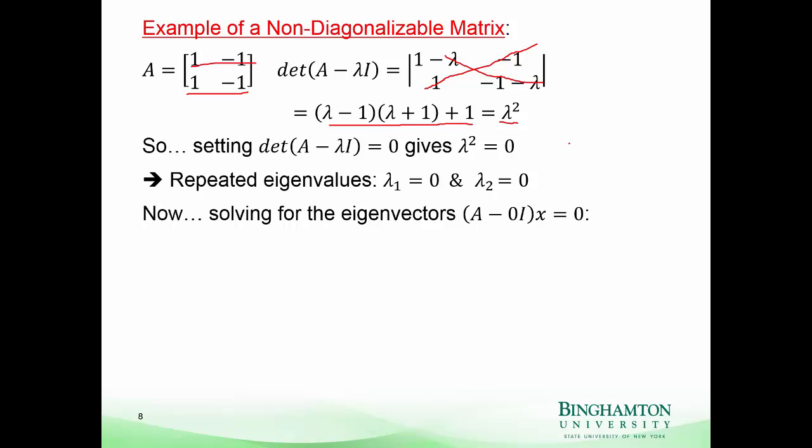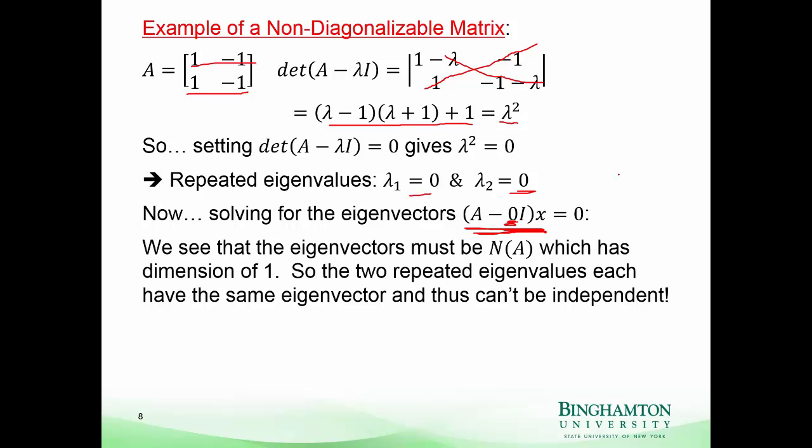So if we solve for the eigenvectors, once we substitute into A minus lambda I one of our eigenvalues, and remember we plug it in and it's going to be the same. So from this equation, we would like to be able to get 2 solutions to this equation, one for each of the 2 eigenvalues.